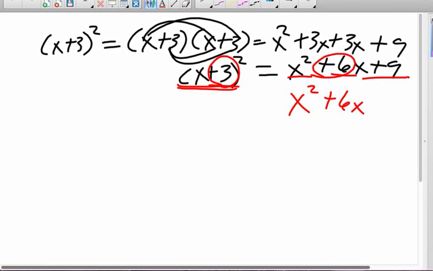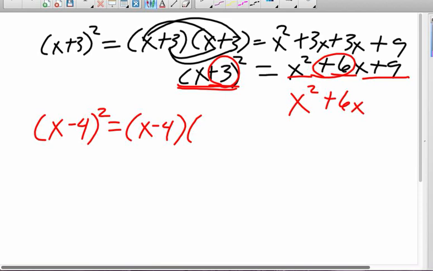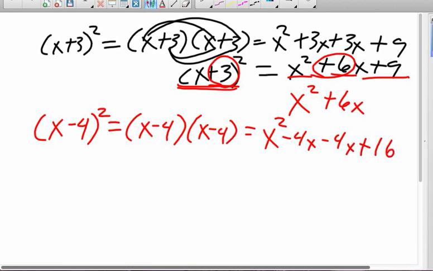Okay, let's take a look at another one. Let's do x minus 4 squared, which is x minus 4 times x minus 4. We distribute it. That gives me x squared minus 4x minus 4x plus 16, which gives me x squared minus 8x plus 16.